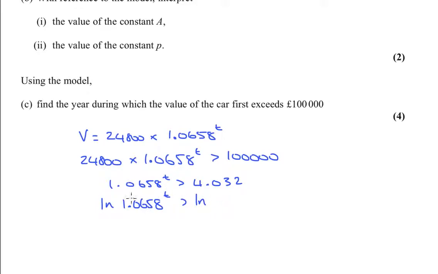Doesn't matter which log you used. You could have used the log of the base 1.0658, I suppose. Bring the t to the front, and divide by the natural log of 1.0658.